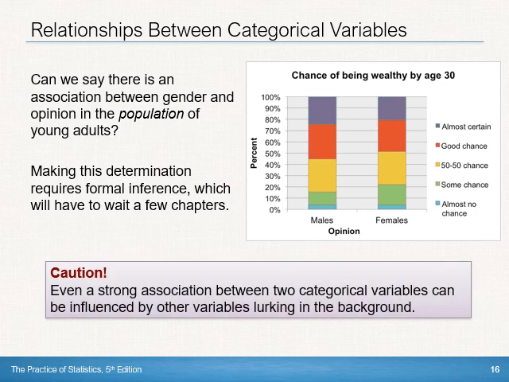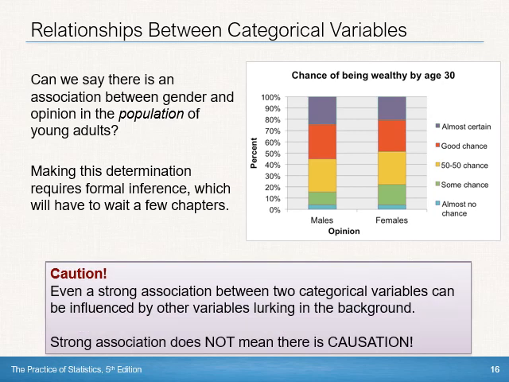However, if you have strong associations, and in this case it's not that strong, there may be other things that are happening. So we can't say that just because you're male, you feel more likely that you're going to be wealthy. So causation cannot be implied here, right? There's a mild association, but even if it were strong, it does not mean that the one variable is causing the response in the other.